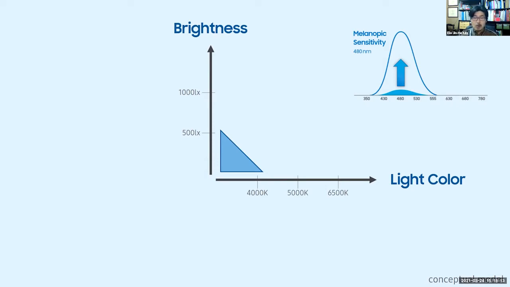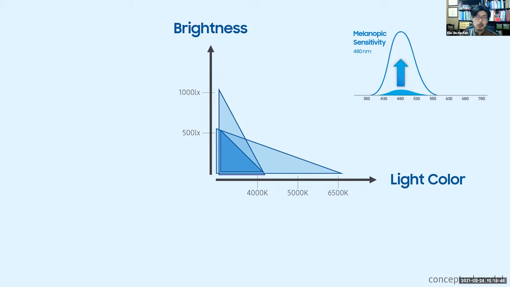We can tune the CCT to a cooler side to enhance the overlap of the light spectrum with the melanopic sensitivity curve. We can also increase the brightness for the same purpose, but this makes the lighting very sharp and cool, and it may not be comfortable for your eyes.